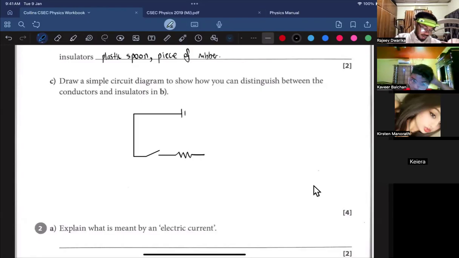We have a bulb, but we need to put our break in the circuit. Let me put the break in the circuit over here. Right, so this is it.